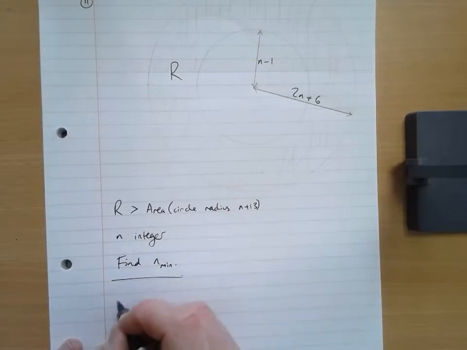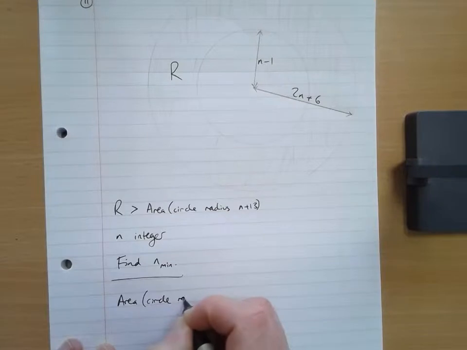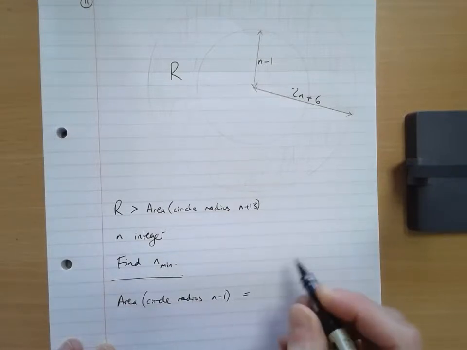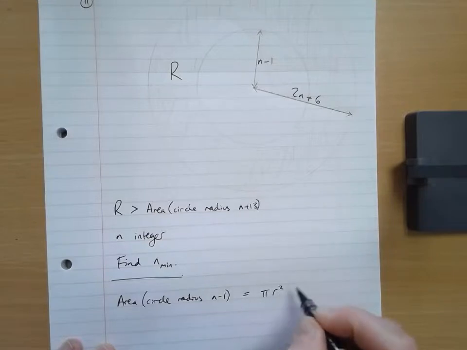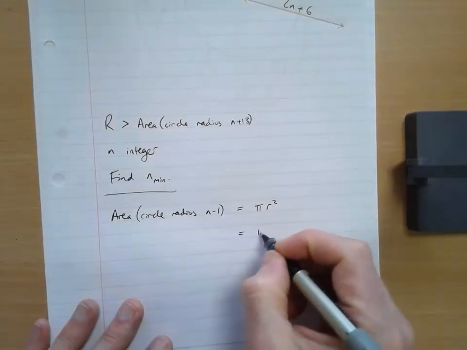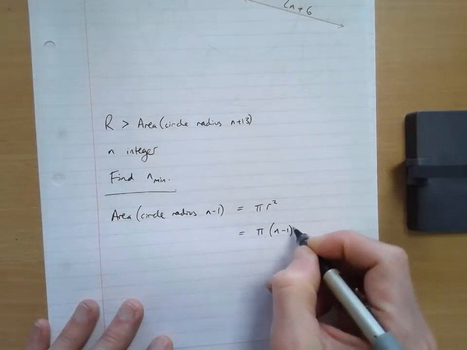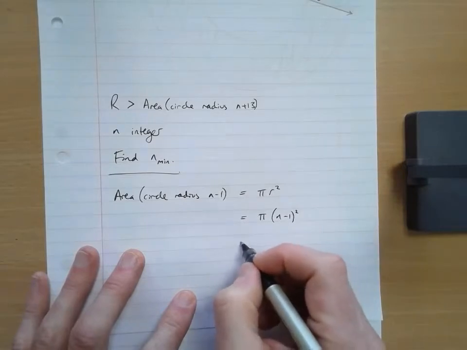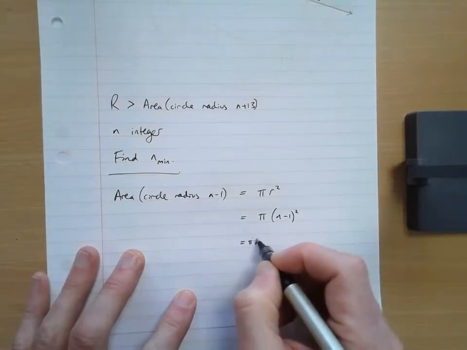Let me start then. So area of circle with radius n-1, so we'll go for the inner one first. Well, we know it's pi r squared, of course, for the area of a circle. But in this case, our radius is n-1, so we get pi times (n-1) squared. So now we need to expand that.